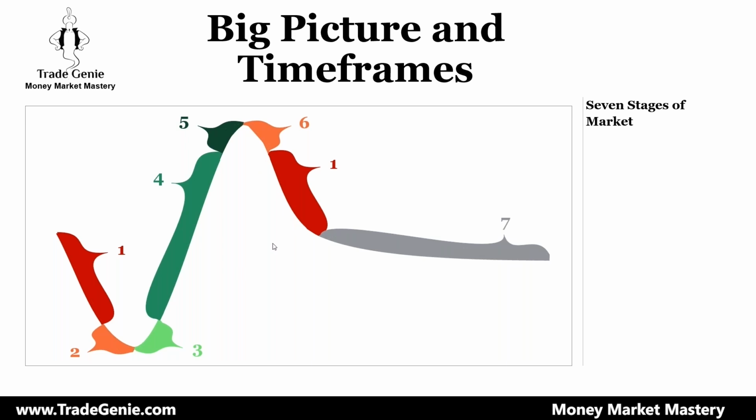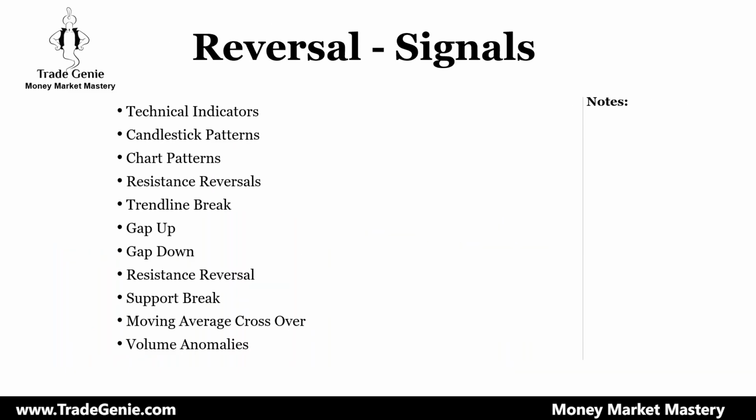So it could be all kinds of signals: gap down, support break, moving average crossover. It could be the 20-day crossing below 50, 50 crossing below 200, or 50 crossing above 200. So various kinds of moving average crossover.